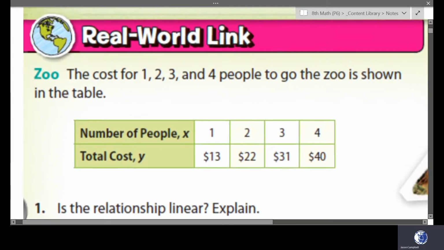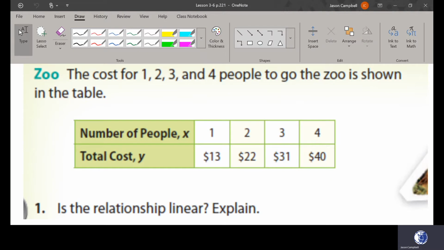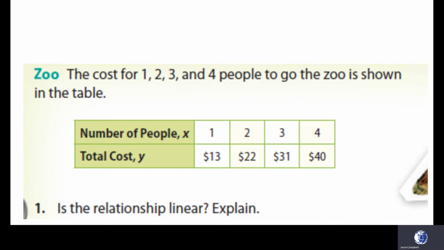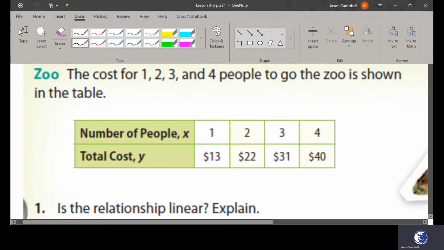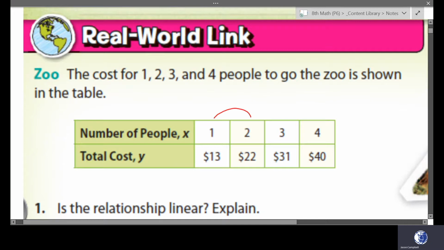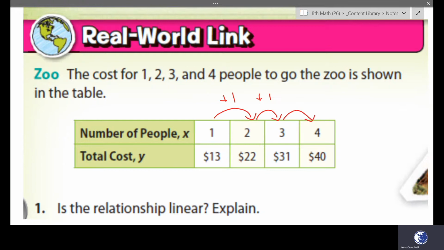Explain. Well, in Chapter 3, Section 1, we learned that the relationship is linear if the rate of change is constant. So let's see here. From 1 to 2, we're increasing by 1, 2 to 3, plus 1, and 3 to 4, plus 1.